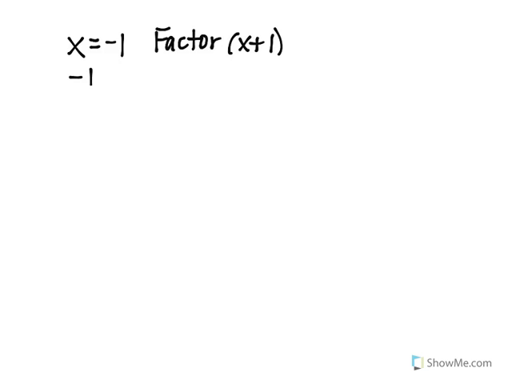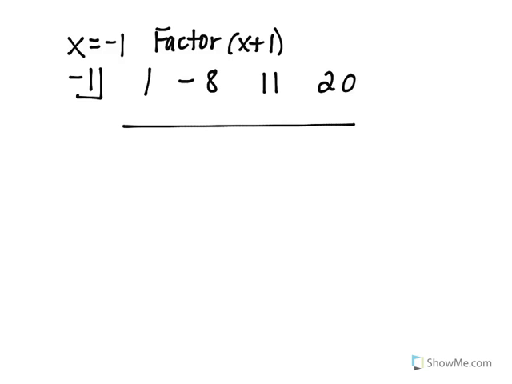But we'll do synthetic division, so -1. Nothing's missing in terms of coefficients, so we'll do 1, -8, 11, and 20. Now we're actually going to do synthetic division twice, which will factor down a cubic completely. So we'll bring this down. We'll get 1, -9, 20, and then 0.